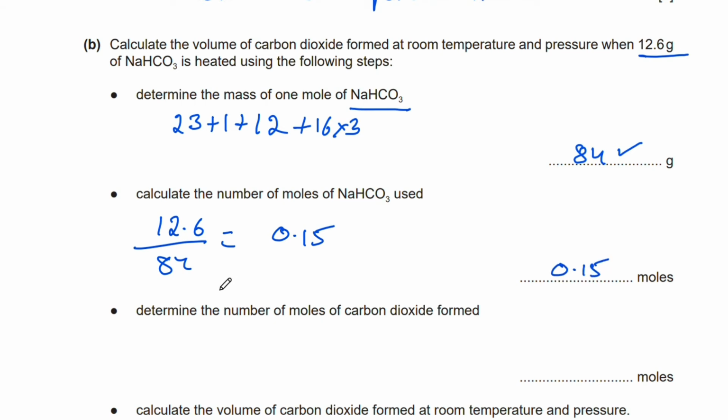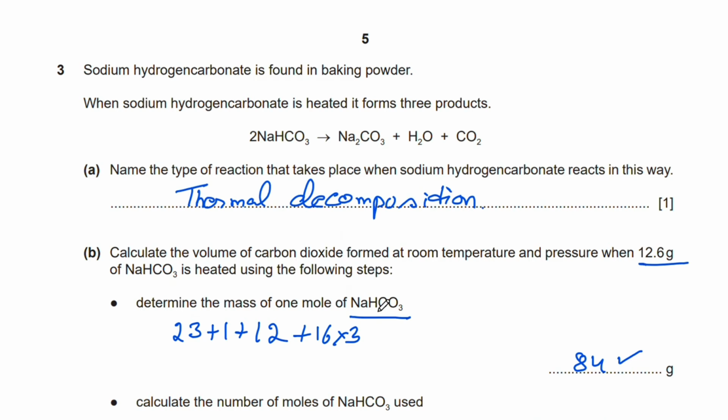Now you have to find the number of moles of carbon dioxide formed. For this you have to go to this reaction. As you can see, this is a balanced reaction, so this is 2. So 2 moles of NaHCO3 is producing 1 mole of CO2.